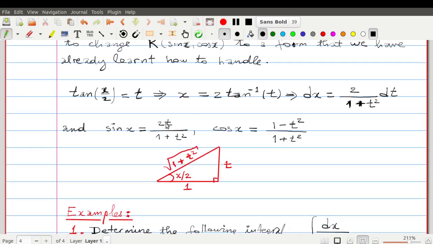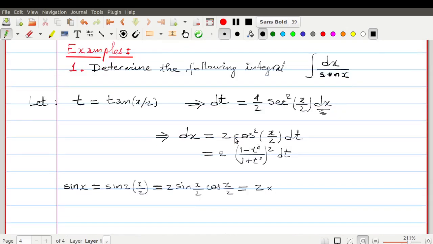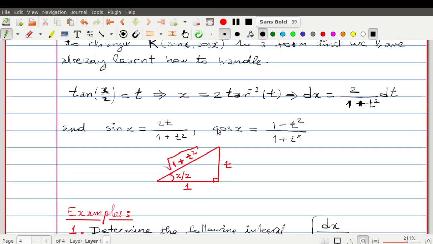Oh, sorry. Wait, what is going on here? No, I shouldn't have substituted with this, because here we have half angle.